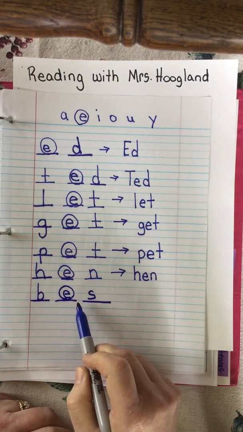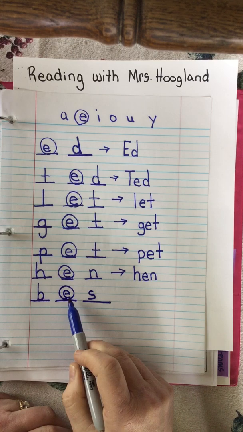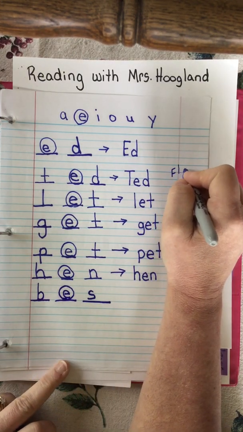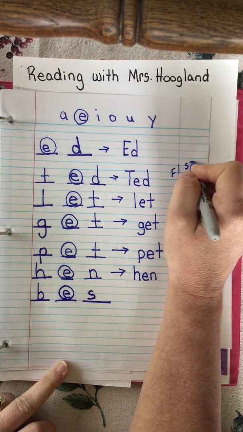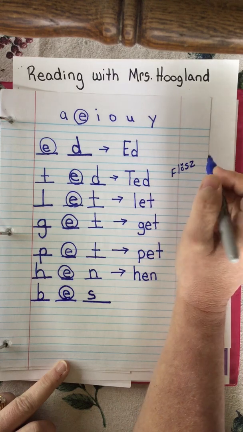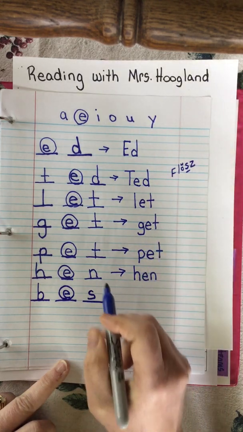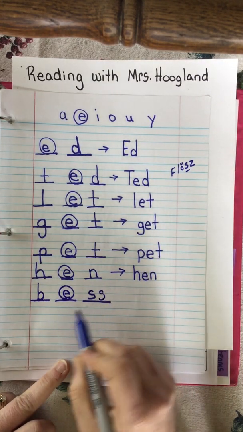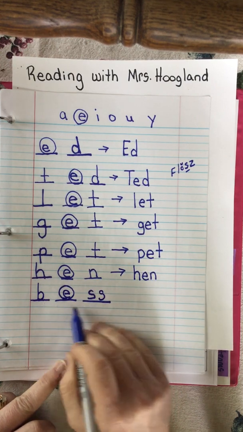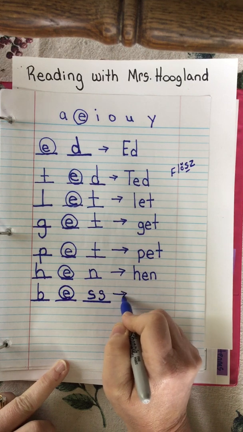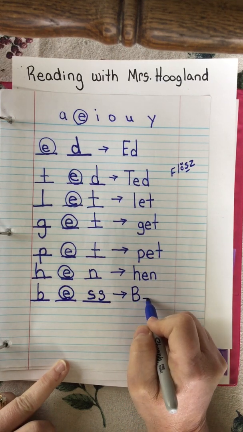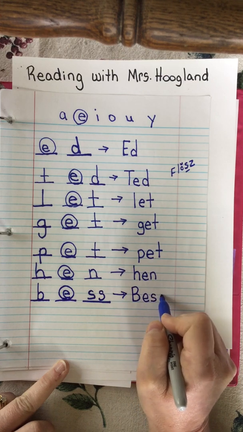If a word has a short vowel sound and it ends in an F, L, S, or Z, then we double it, and it's after a short vowel, so we are going to double this S right here. B-e, be, b-e-s-s, Bess. Now, I also know that Bess is the name of something, so I'm going to capitalize the first letter in Bess.